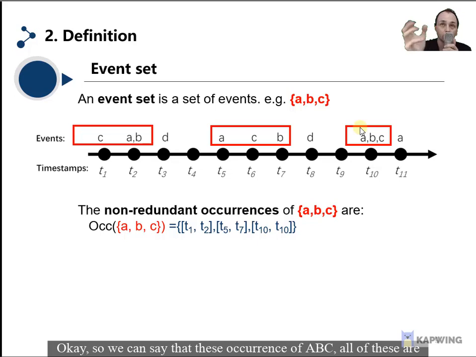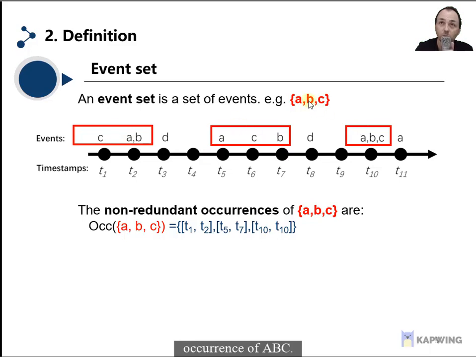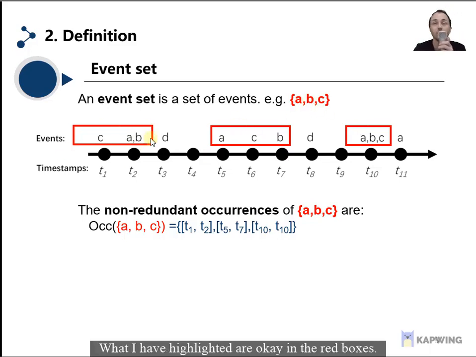So we can say that all of these are occurrences of ABC, which I have highlighted here in the red boxes.